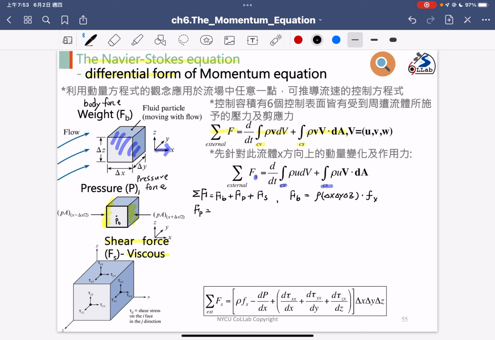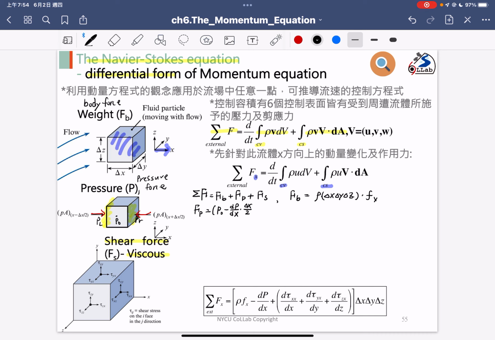We can apply the Taylor expansion to expand the pressure on the right hand face and the left hand face. Notice that the direction of the pressure force on the left goes to the right, and on the right it goes to the left. So using the Taylor expansion, the pressure on the left hand side is P0 minus dp/dx multiplied by delta x over 2, assuming a linear change along the x direction.